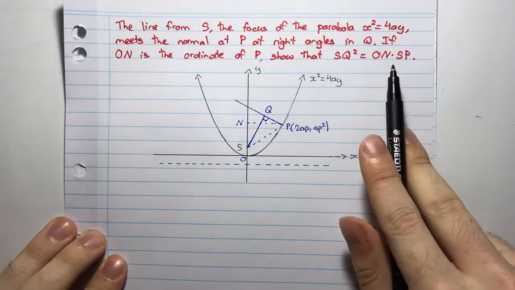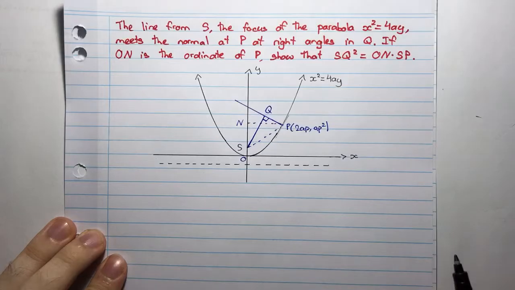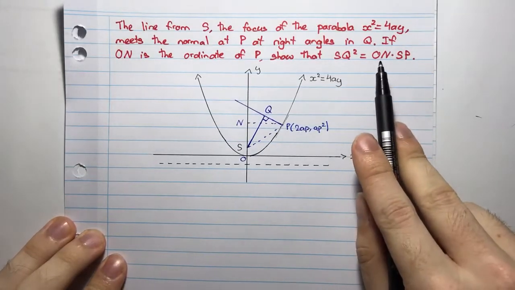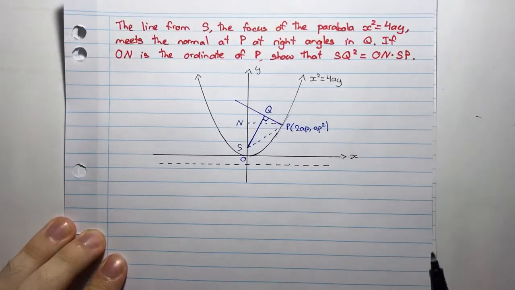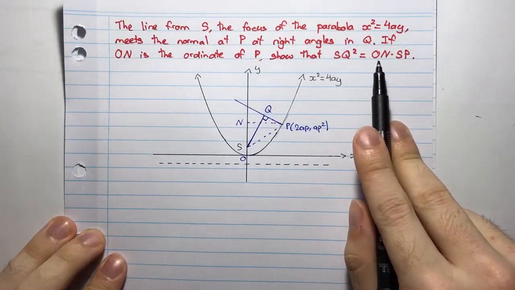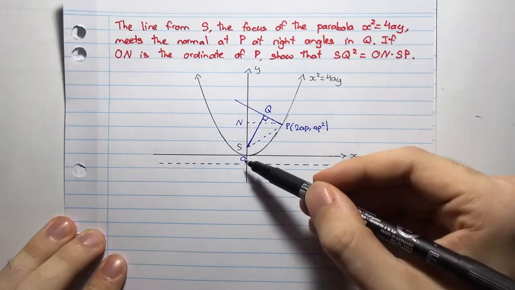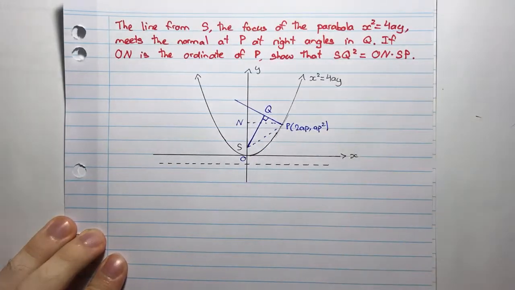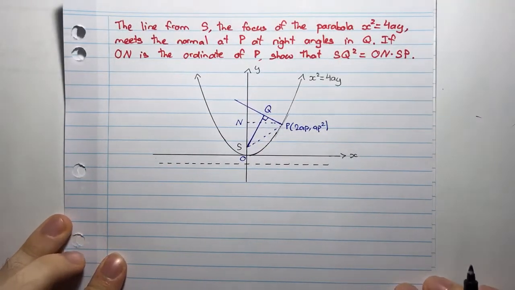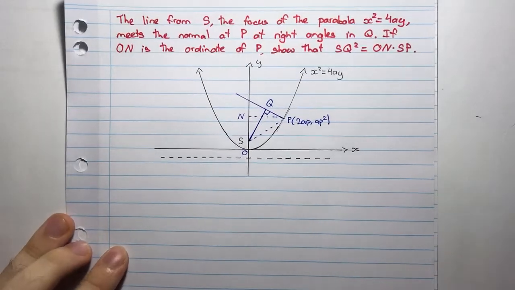So we're going to start on the right hand side. The reason is that I can see there are easy values that we can pick off here. What's ON? ON is from here to here, a vertical distance, and vertical distances are easy to calculate.